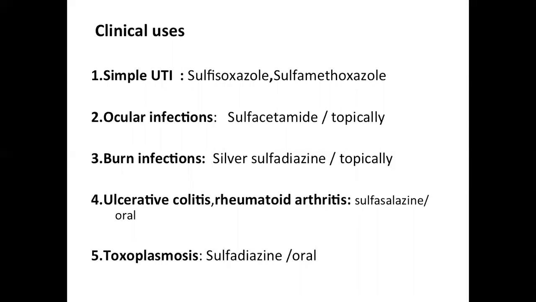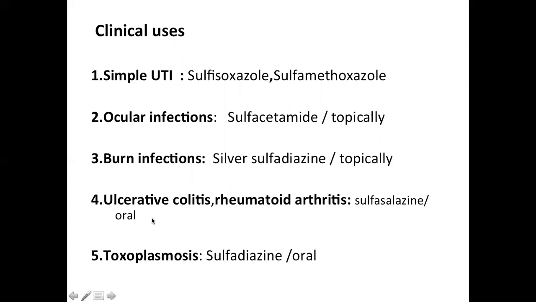Regarding the clinical uses of these drugs, they are used for simple urinary tract infections, such as sulfamethoxazole, and also for ocular infections, for eye infections, sulfacetamide, which is used topically as an eye drop, also for burn infections, such as silver sulfadiazine, which is available as cream or ointment, and this drug inhibits colonization of bacteria in the area of the burn.